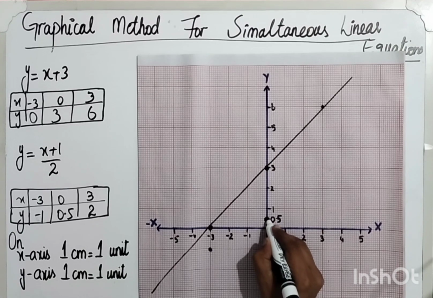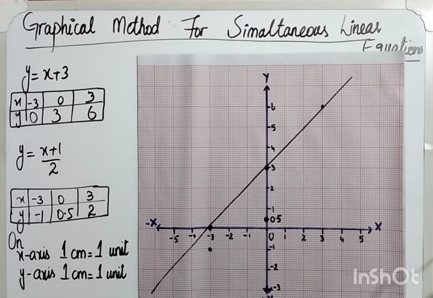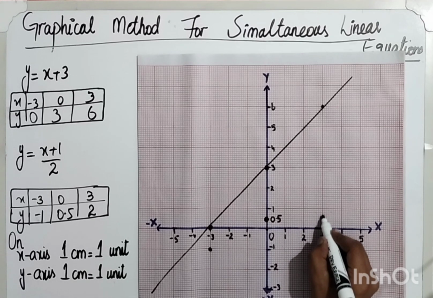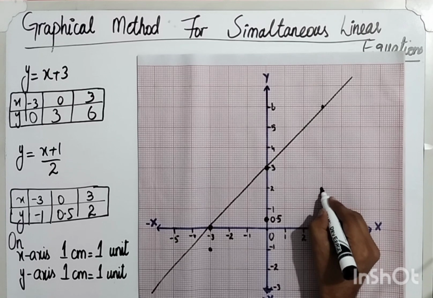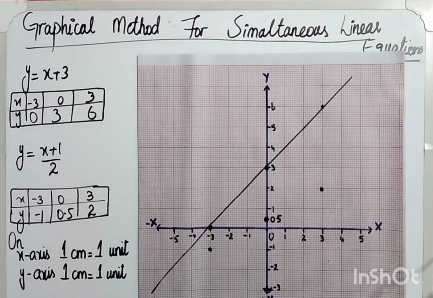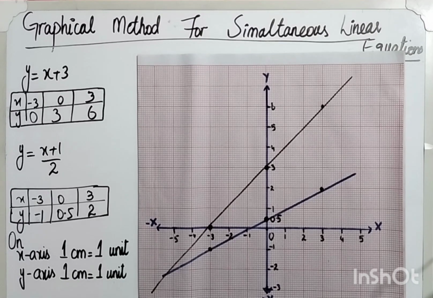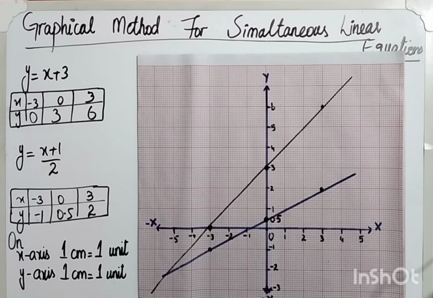And the third point is where the value of x is 3, that is here, and 2 on top of it. So this gives me the points for the second equation. Now I'm going to join these points, and after joining we will get the graph of the second equation in the form of the blue line.